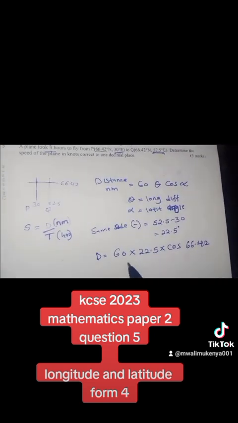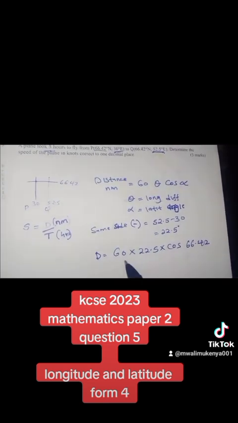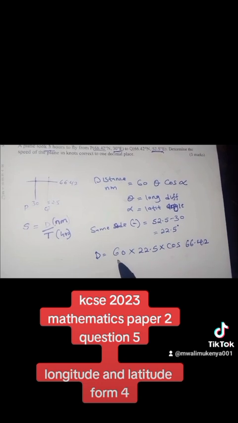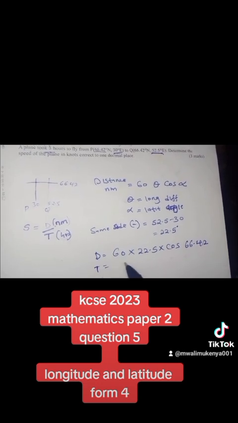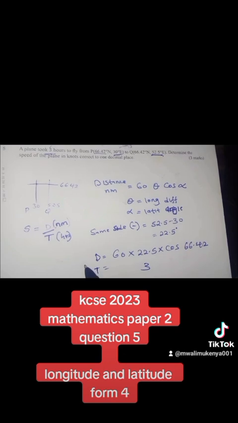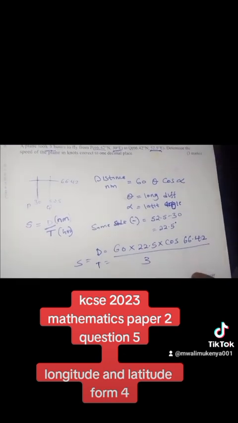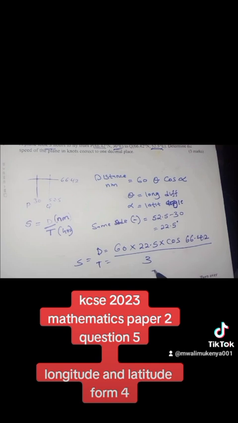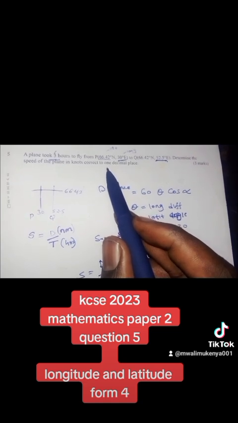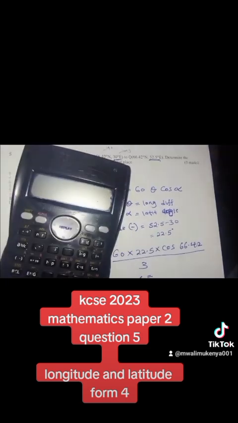Just to make everything simpler, because I now have the distance, I can divide it by time. I know the time is 3. So if you find the numerator, then you divide the answer by the denominator, you are going to find your speed in nautical miles. And don't forget this very crucial instruction: your answer should be to 1 decimal place. So let us work this out.